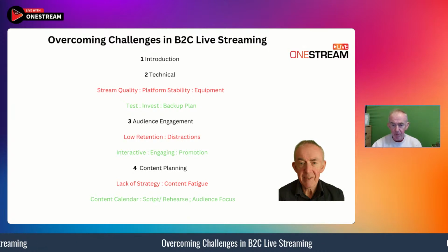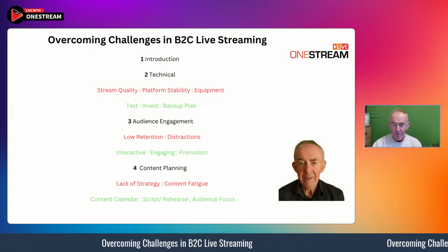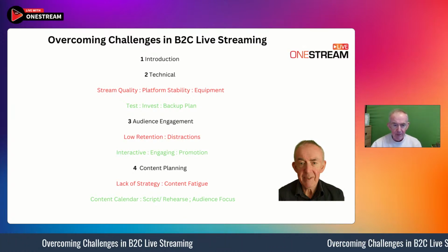Right. 720 is standard broadcasting. 1080 is high definition. And the more pixels, the clearer the picture. And we're aiming to get the best picture we can. So streaming quality is very important.